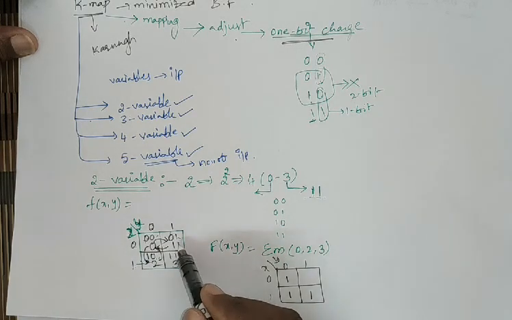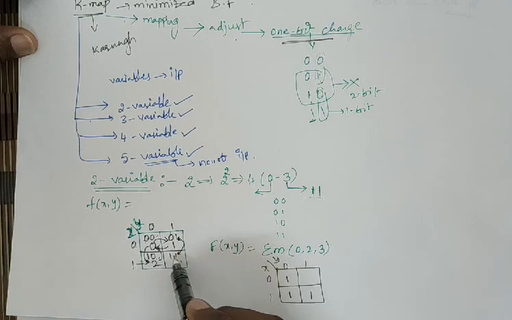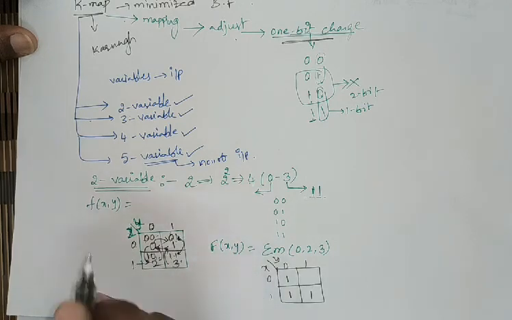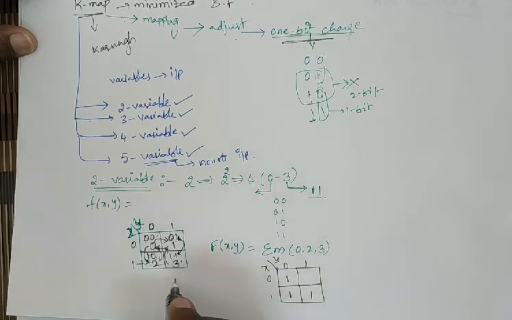Next 0 1, 1 1: the LSB position is the same, the MSB position is variable, so here also only a 1 bit change. That means 1 is adjacent to 3, and 3 is adjacent to 1. Next 1 and 2, 0 1 and 1 0: 1 and 2 are not adjacent to each other, because two positions are changed.